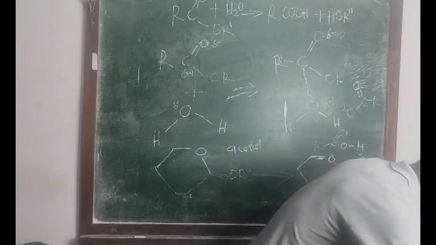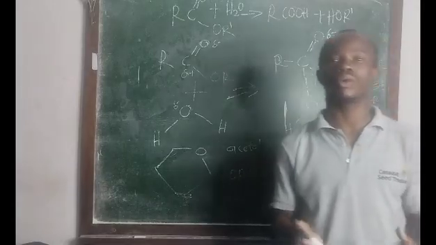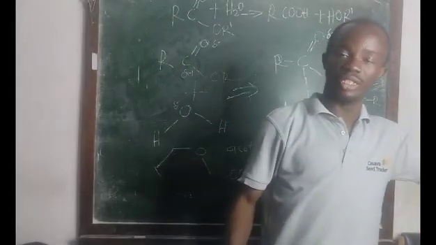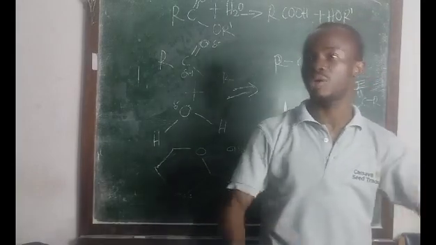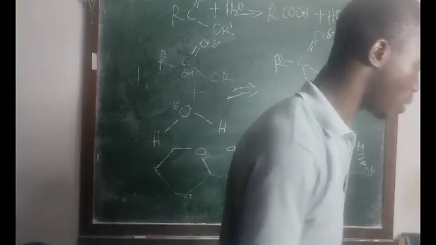So in this case, can we say we are forming something very stable? Yes, in a way, we are going to have a much more stable intermediate in between the reactant and the product. Do you get that? That's what we're trying to say here.